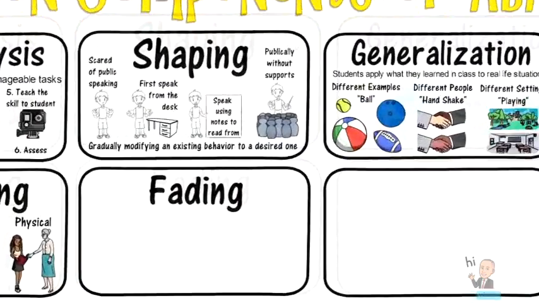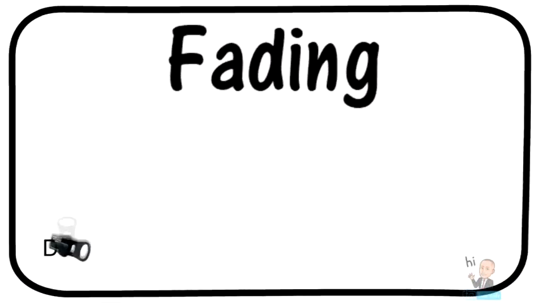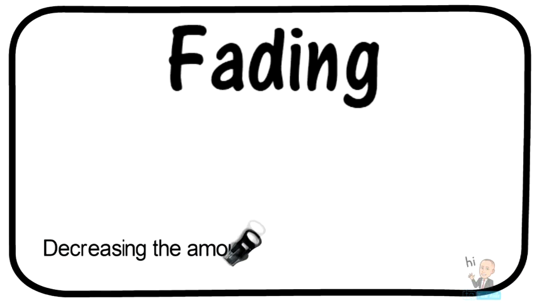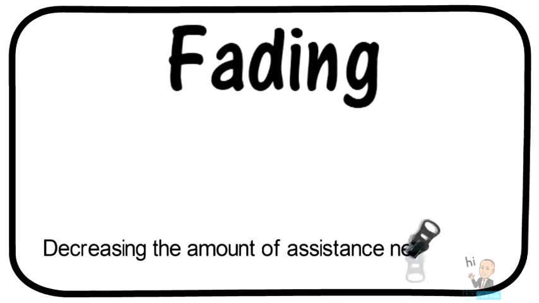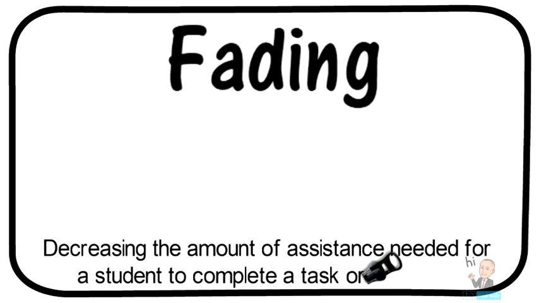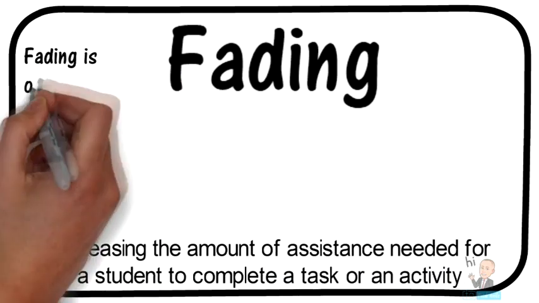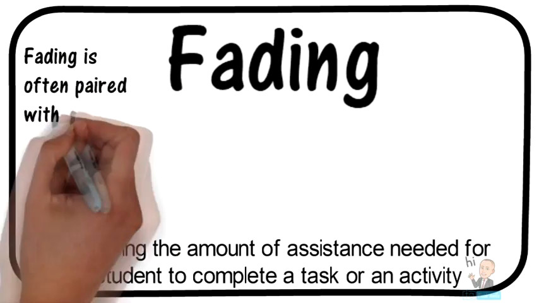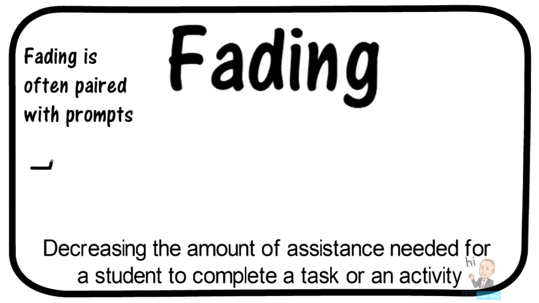Fading. Fading is slowly and systematically decreasing the amount of assistance needed for the students to complete a task or activity. Fading is often paired with prompting, where the teacher is able to get to the point where they don't need the prompt anymore, which is the goal.